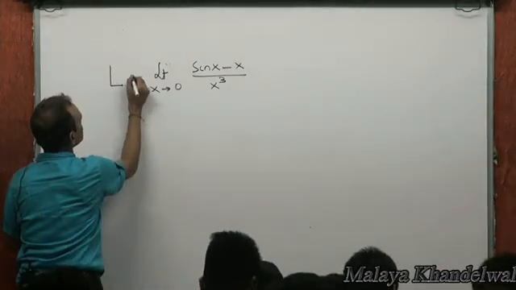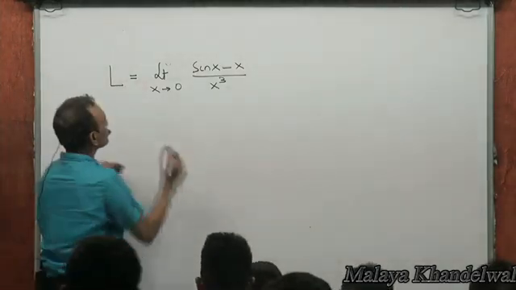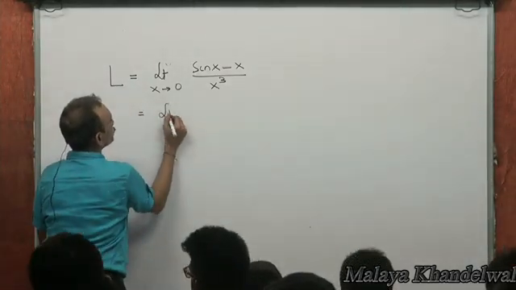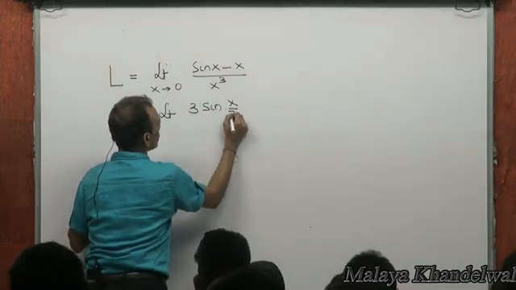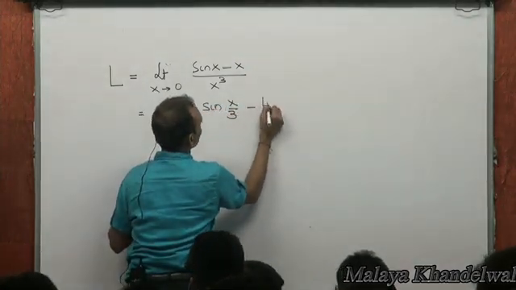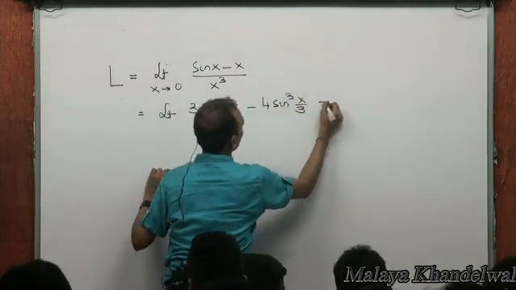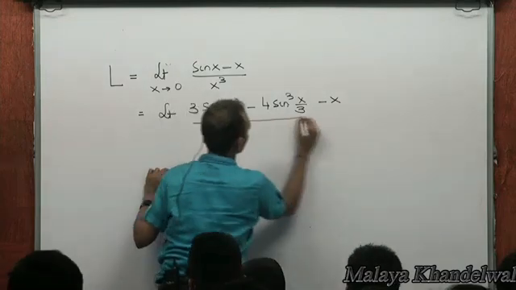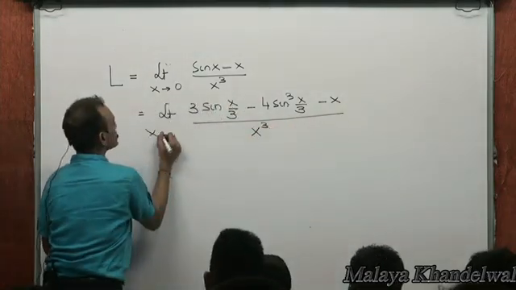Let me refer to this as L. To bring in a sine cubed, I write sin x as 3 sin x by 3 minus 4 sin cubed x by 3, minus x, all by x cubed, as x tends to 0.